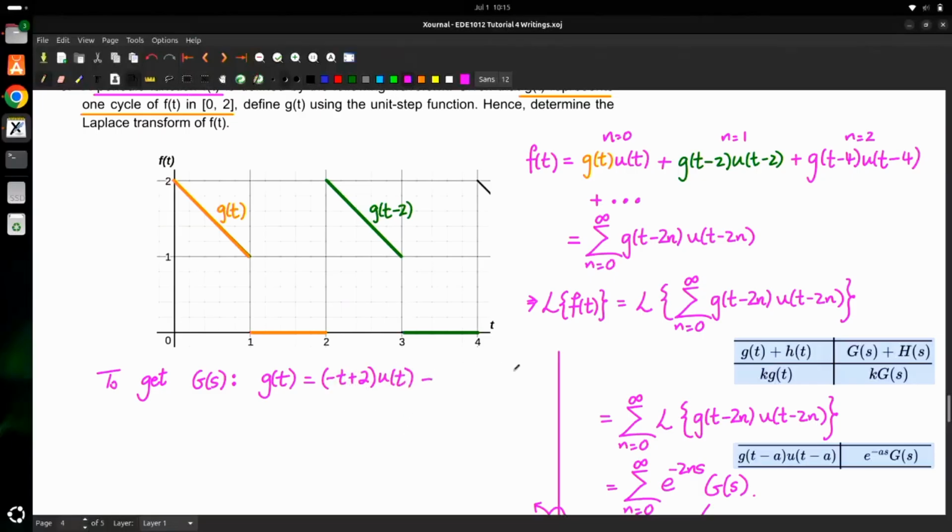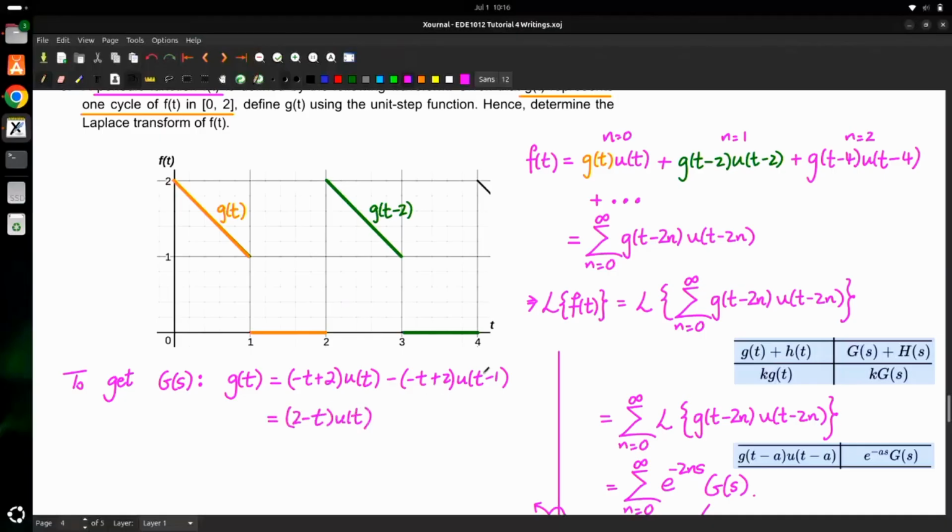Okay? But the small g of t, you turn on this minus t plus 2 at t equals to 0, but you must turn it off. Agree? So therefore, this guy is ready for transform, but this guy is not. But you can just write it such that it is. So if I rewrite this properly, I'll get 2 minus t, u(t). So you see the t minus 1 here, you want to have a t minus 1 here as well.